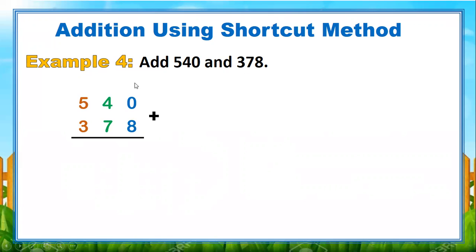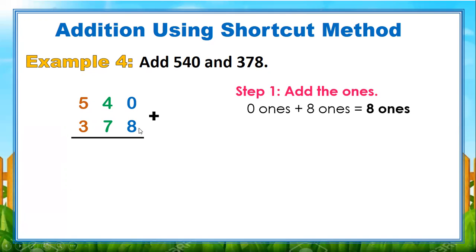It's just that we didn't write the place value here. Okay, so again, make sure that the digits are aligned accordingly. So the first step is we need to add the digits in the ones place. So 0 plus 8, or 0 ones plus 8 ones is equal to 8 ones.